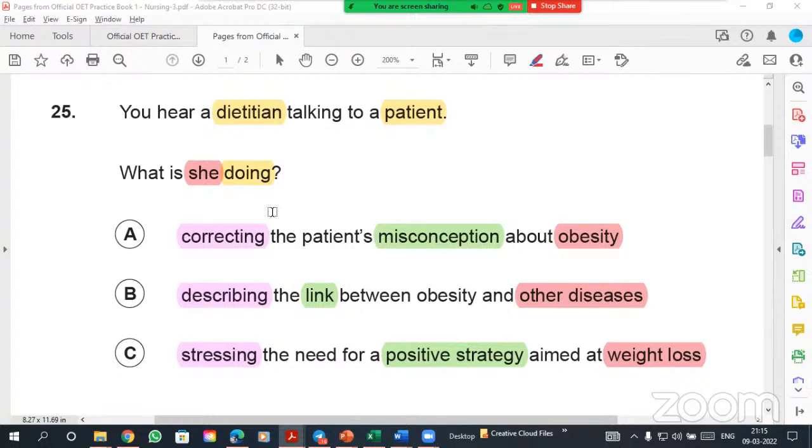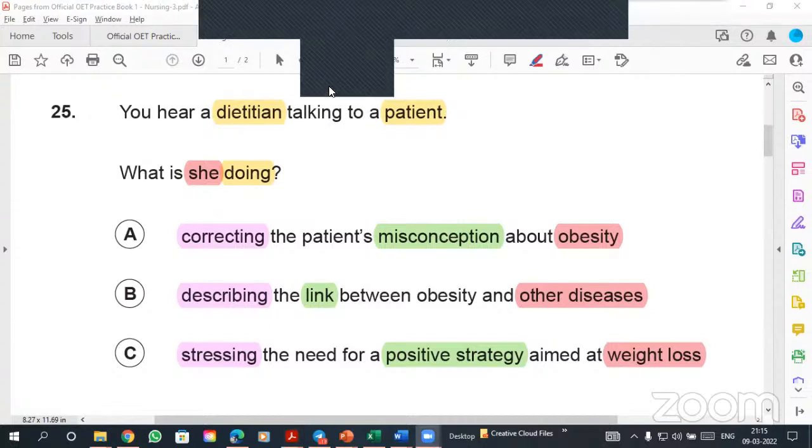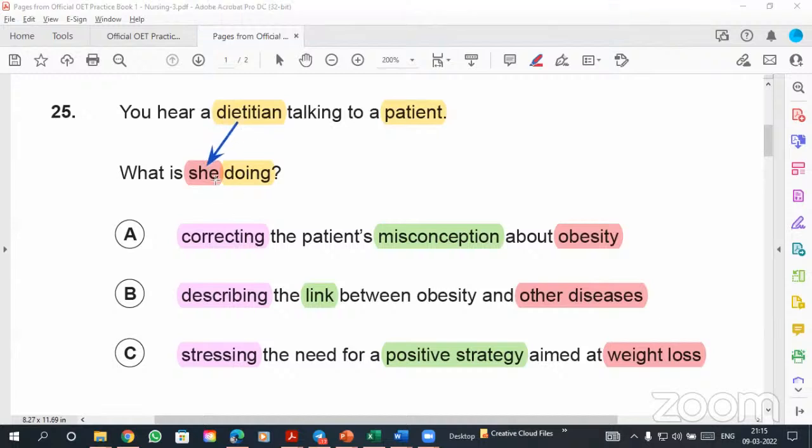Now let us see. I'm giving you a margin now. Now this margin will be like this. So the dietitian is a she. So she is correcting, or she is describing, or she is stressing. So these are the 3 things.